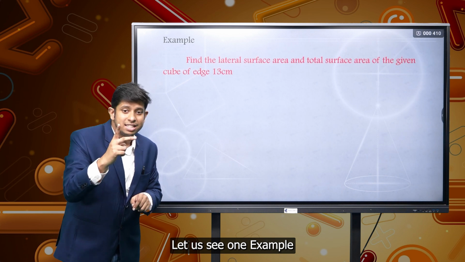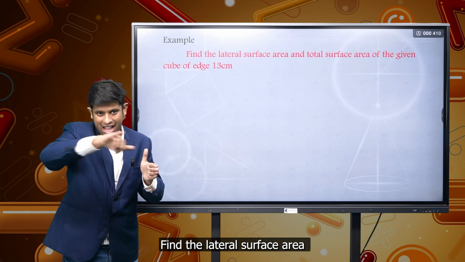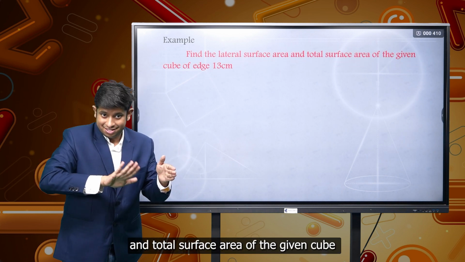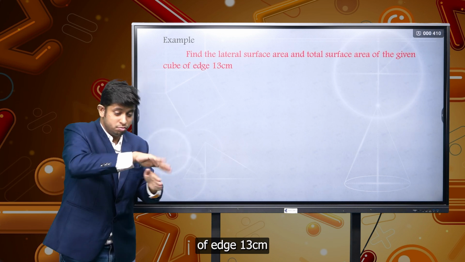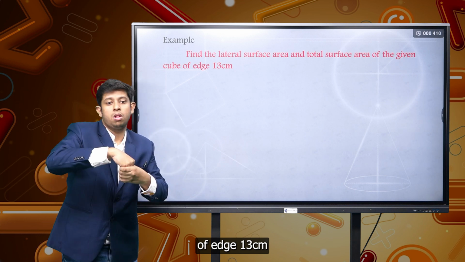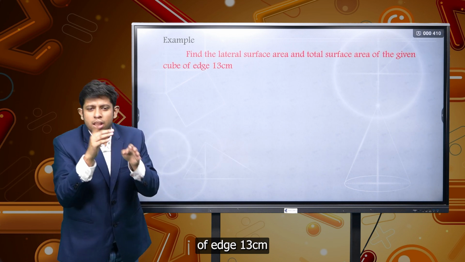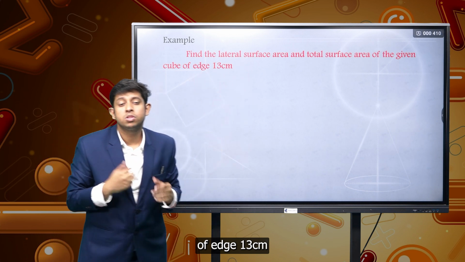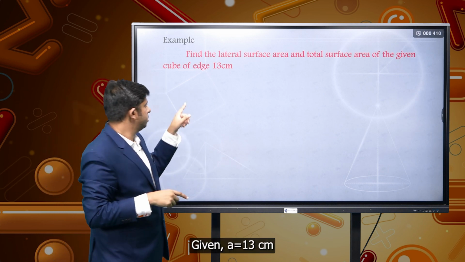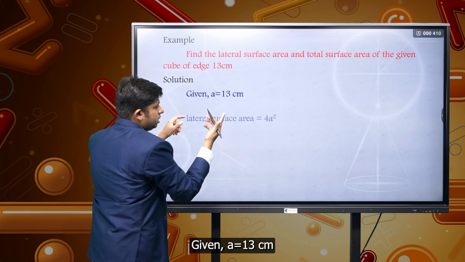Let us see one example. Find the lateral surface area and total surface area of the given cube of edge 13 cm. Solution. Given A is equal to 13 cm.